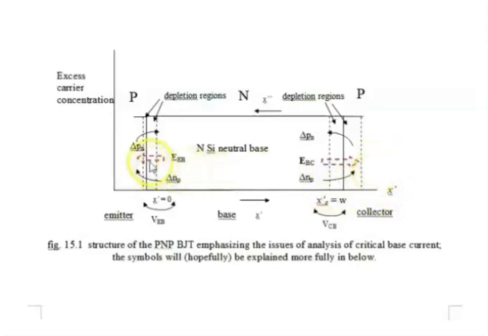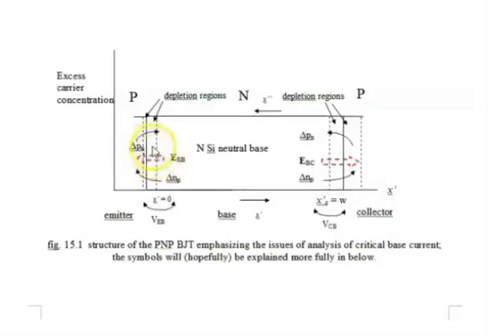Okay, we have 2 electric fields, one pointing from right to left. I should actually have perhaps made this a little bit smaller here, because the electric field only exists in the depletion region. So there's no electric field out here. The electric field is only where we have fixed charges.